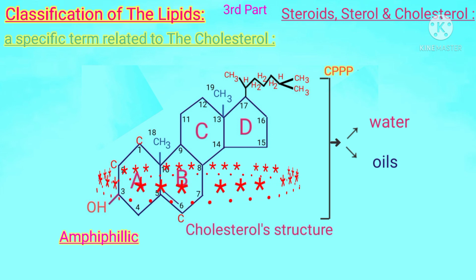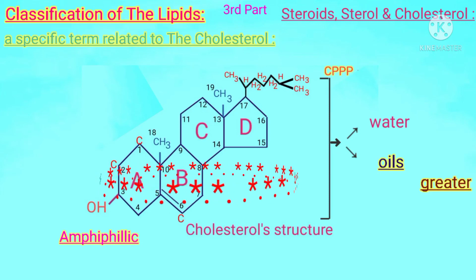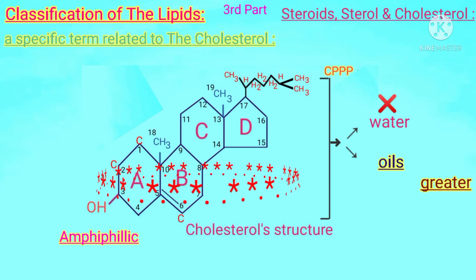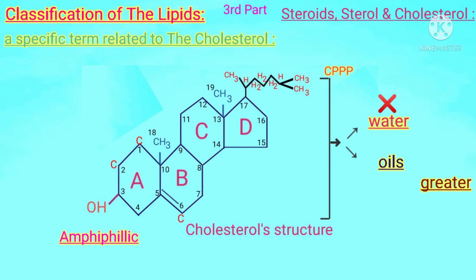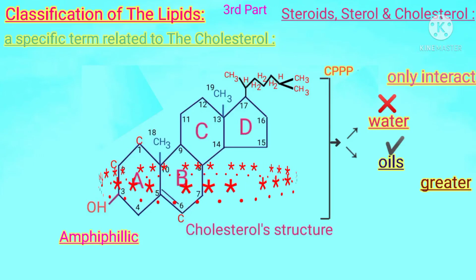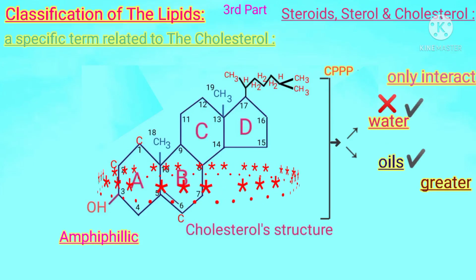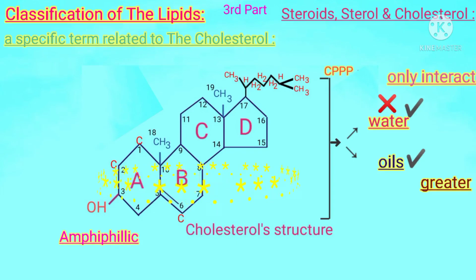But its capability to dissolve in oil is greater because it can't dissolve in water. It can only interact with water due to the presence of this hydroxyl group, but it can fully interact with oil. So as it can interact with both water and oil, cholesterol shows amphiphilic behavior.